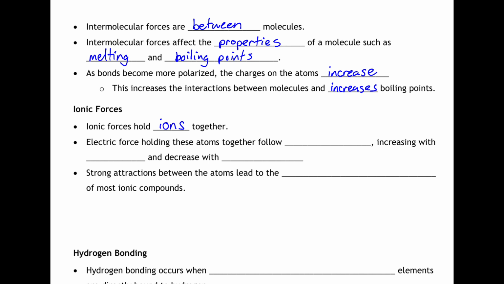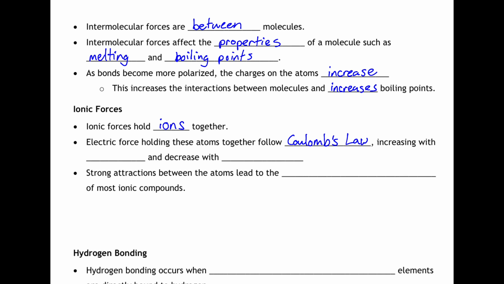Those of us that know physics know that these electrical charges actually have a force between them. That electrical force follows something awesome called Coulomb's law. Yeah, Coulomb, French guy. I'm probably saying his name wrong, but that's how I've said it for years now. We're going to go with it.